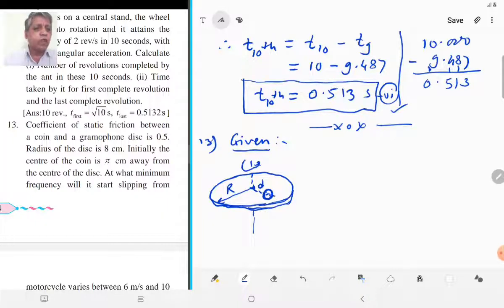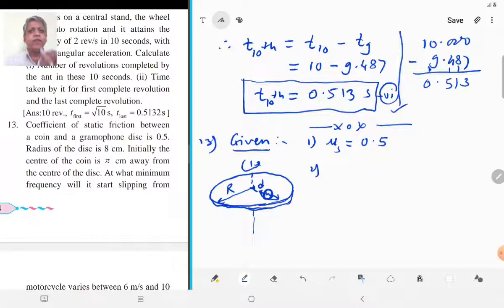It moves away. At that time frictional force is toward the center. Hence here coefficient of friction will be given. So the first point given is the coefficient of friction. That friction is static friction, that is 0.5.